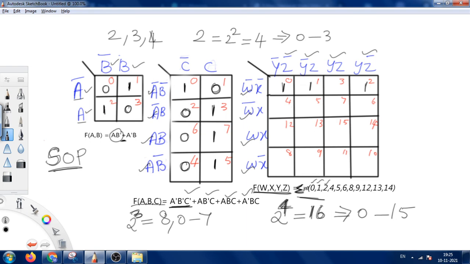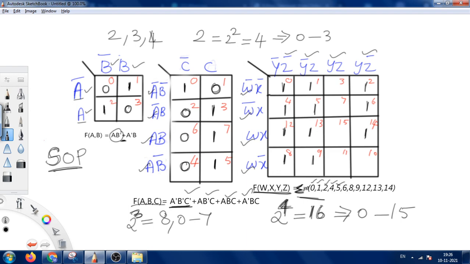Then 4 is present, so put a 1 over here, and 5 is present, put a 1 over here, and 6 is present, so put 1 over here, and 8 is present, put a 1 here, 9 is present, put a 1 here, 12 is present, put a 1 here, 13 is present, put a 1 here, and 14 is present, put a 1 here.